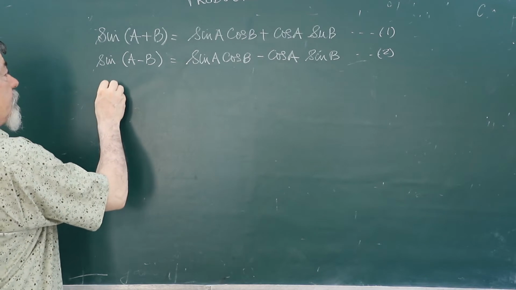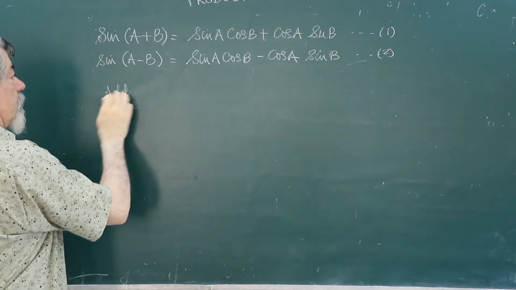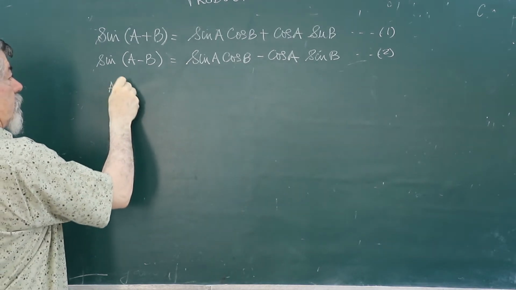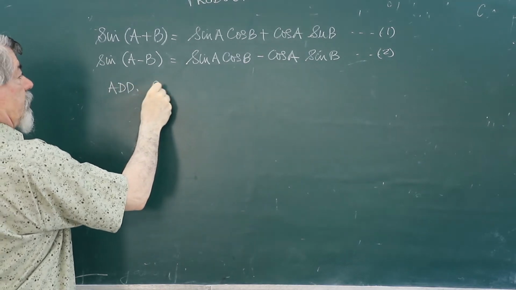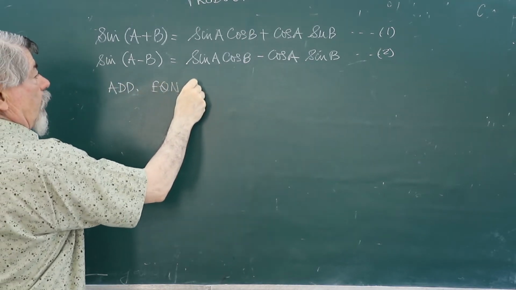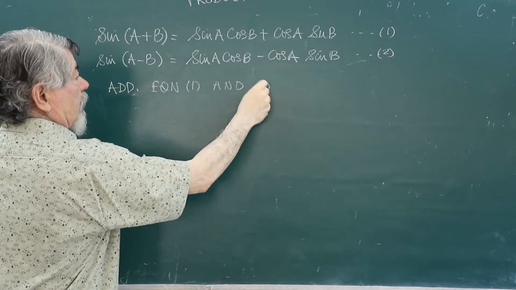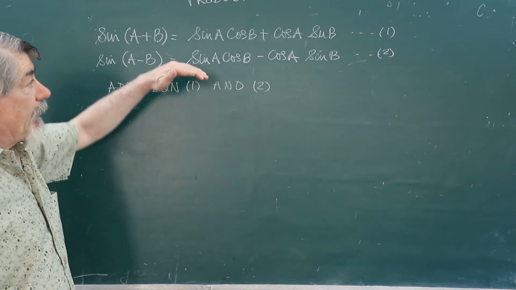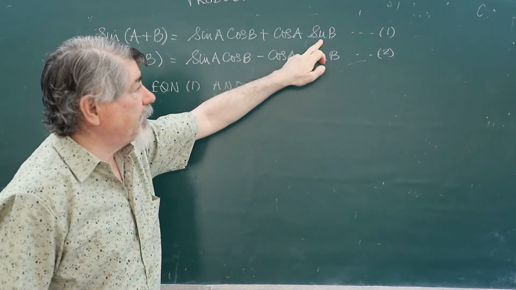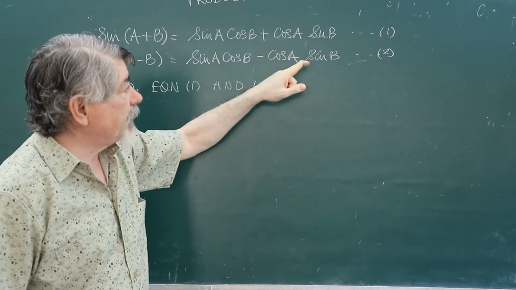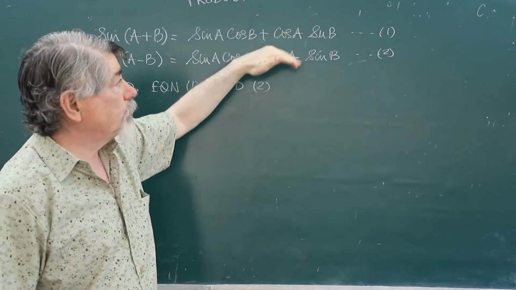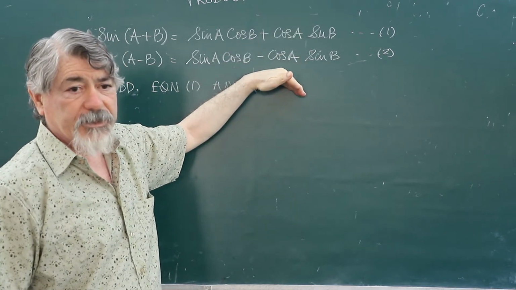If I add equation 1 and 2, what will happen? When I add these two, cos A sine B here is plus, cos A sine B here is minus. So these two terms will cancel from both the equations.